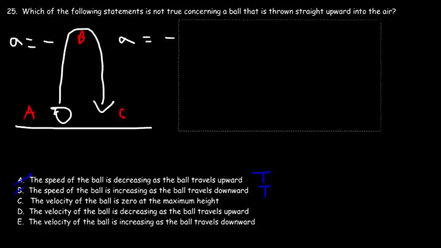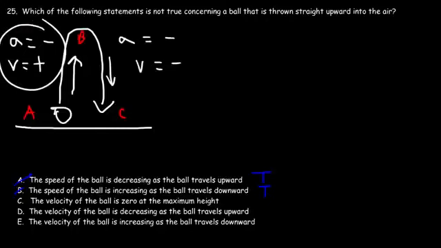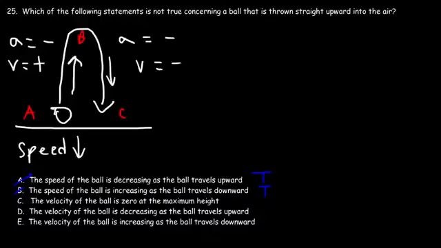Now what about the velocity? In the first half, the ball is moving upward, so the velocity is positive. And during the second half of the trip, it's moving downward, so the velocity is negative. So during the first half, notice that the acceleration and velocity vectors have different signs. So in the first half, the object is slowing down, the speed is decreasing.